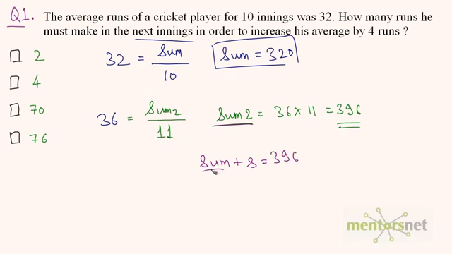So 320 plus S is equal to 396. Remember, S is the runs scored in the 11th innings. Therefore the runs scored in the 11th inning is equal to 396 minus 320, and that is equal to 76. So the answer is option D.